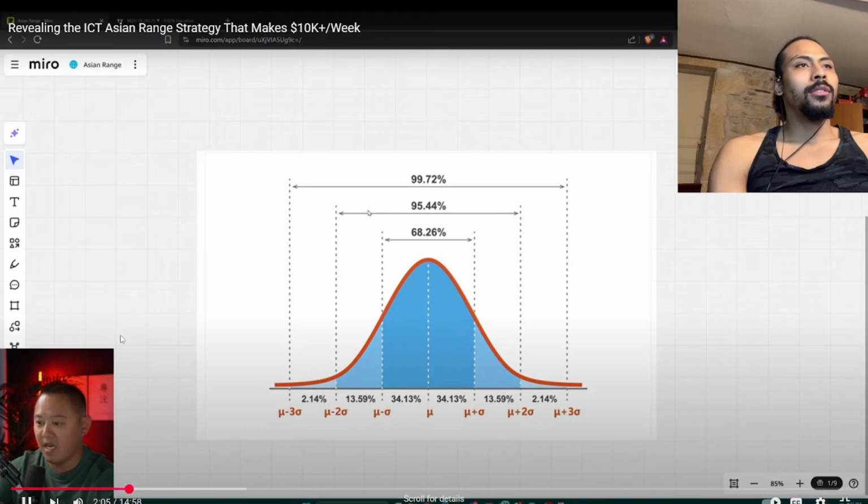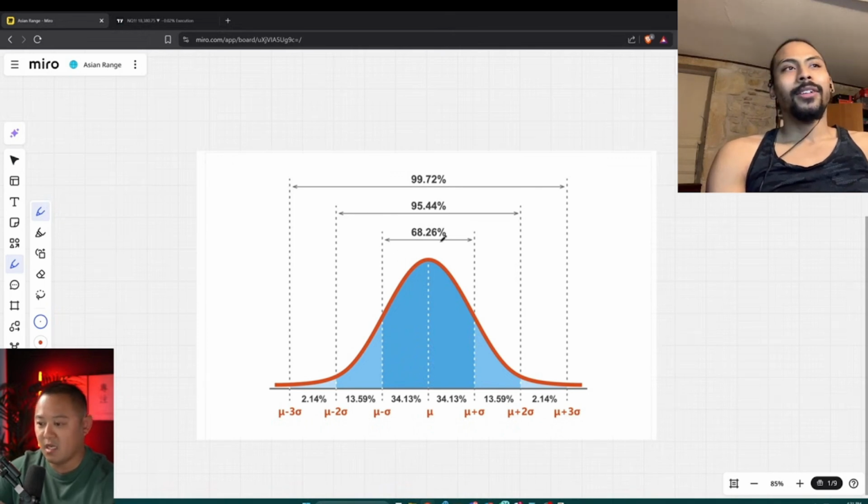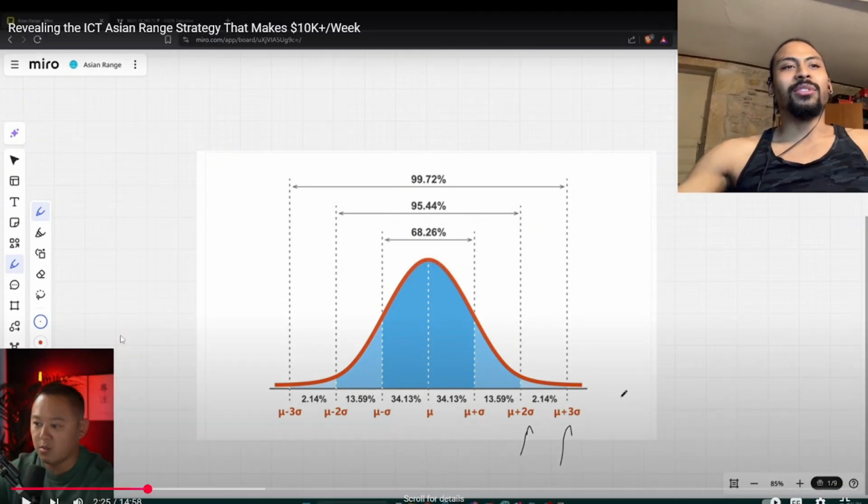That makes up almost 95% of a normal distribution on a specific day. When we have a consolidated day, it's almost making up 70% of that. And when we get past 2 or 3 standard deviations, now we're in outlier territory. So it's a percentage of the time that it stays above or below the 2 standard deviations.